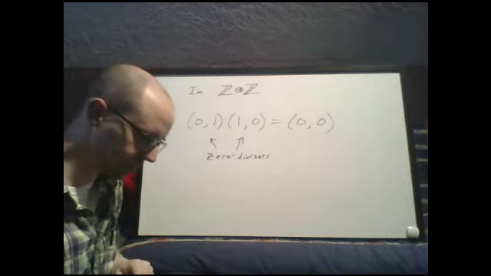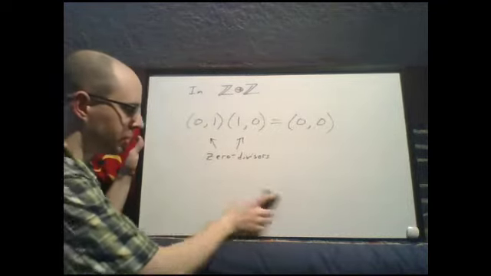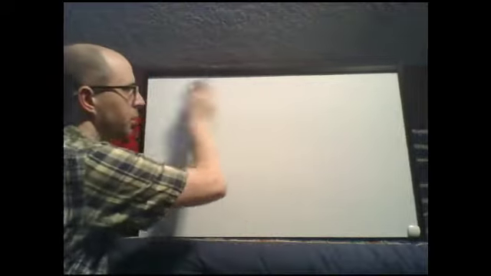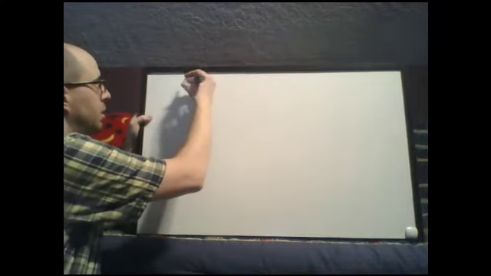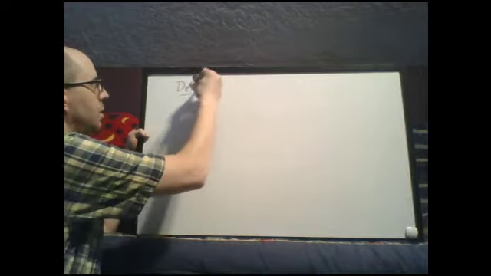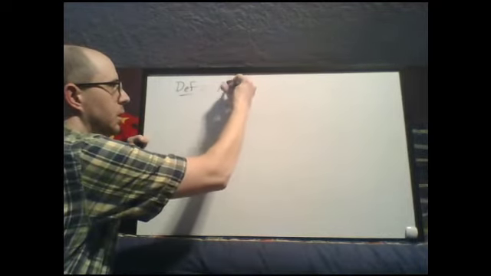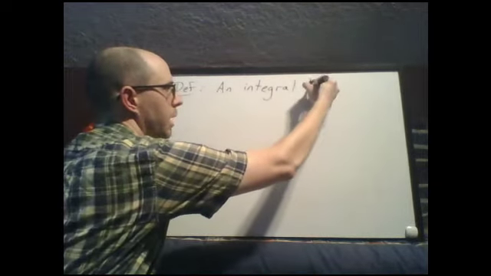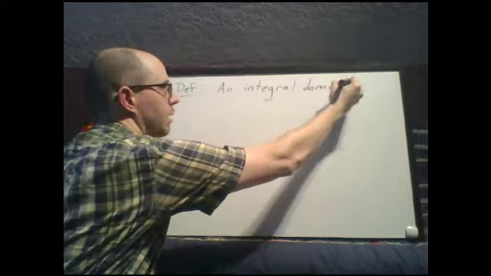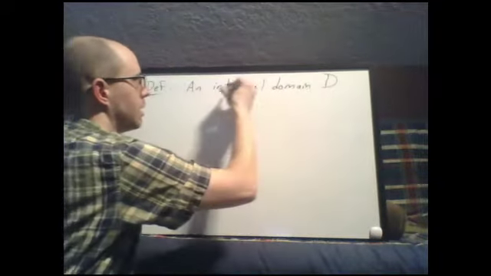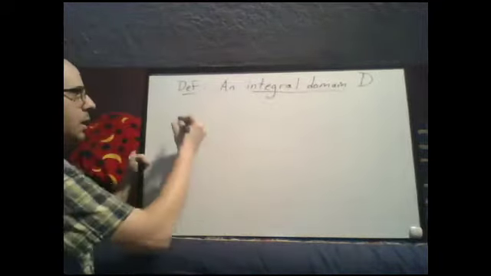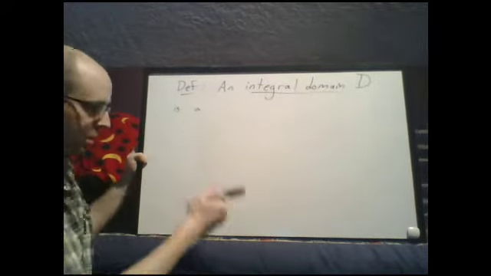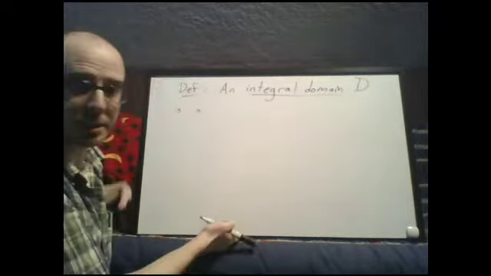Okay, so we've defined the concept of a zero divisor. Now we can define our next type of ring called an integral domain. The definition is: an integral domain, we'll call it D for domain, is almost like the next best thing to a field.